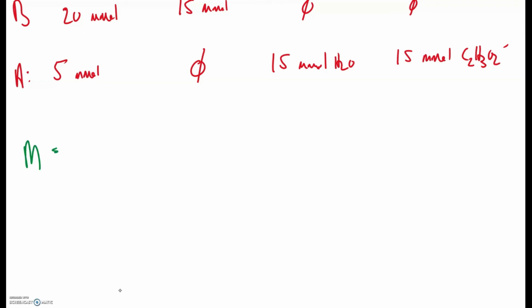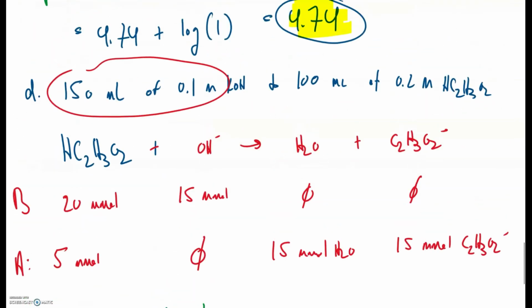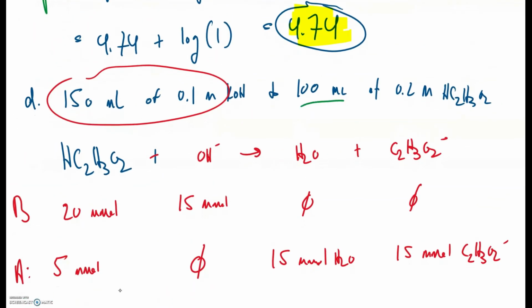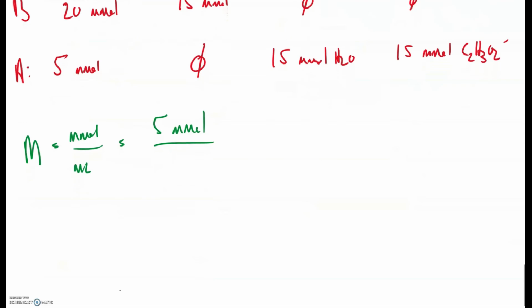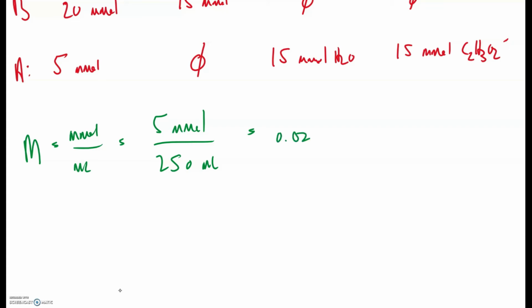What are our concentrations now? Molarity equals millimoles over milliliters. For acid, it's 5 millimoles over what is now 250 milliliters total. And so our concentration is 5 divided by 250. This is 0.02 molar acetic acid.